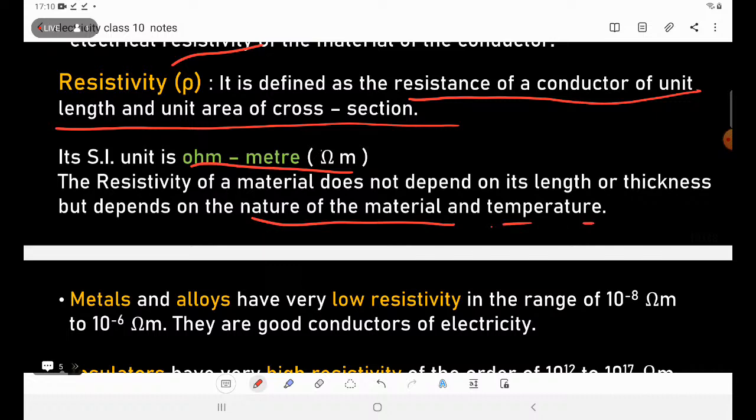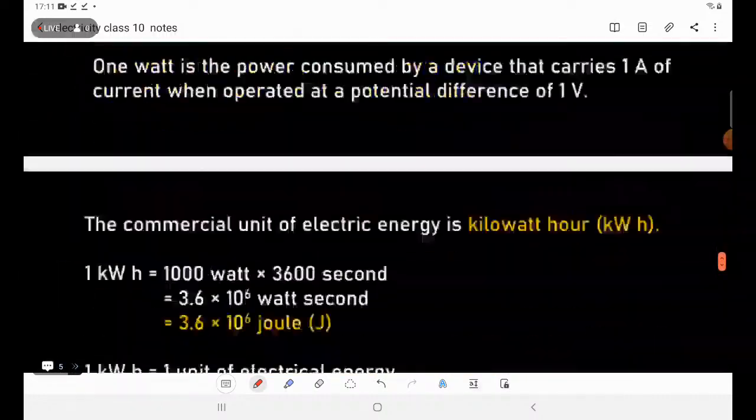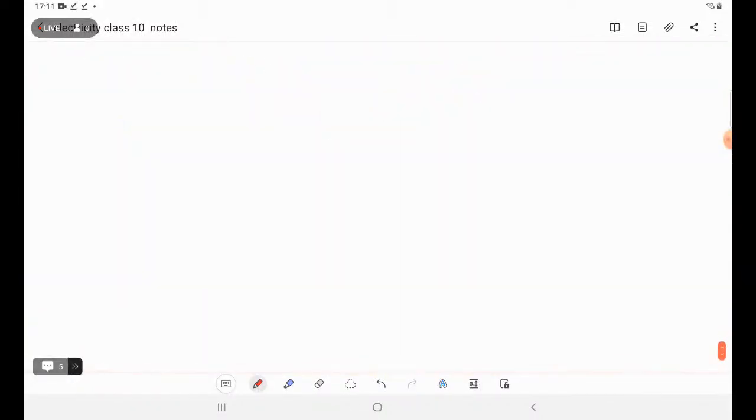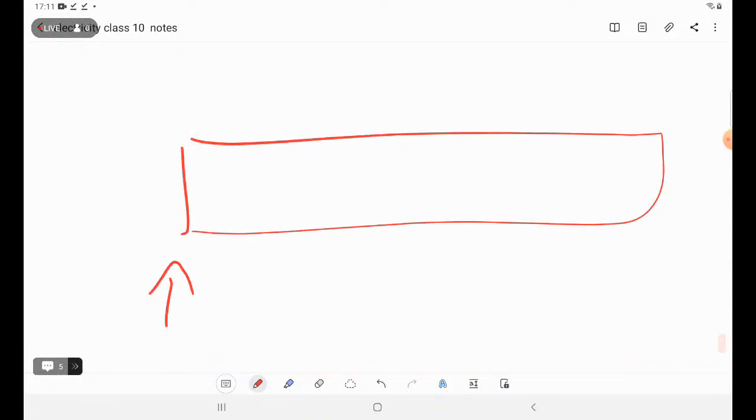It depends on the nature of the material, and temperature also comes in between for each conductor, because in temperature what happens means, see here, when temperature increases, the atoms begin to shiver, right? With this we have learned the molecules start shivering and they move, and this creates a lot of resistance to the flow of electrons.